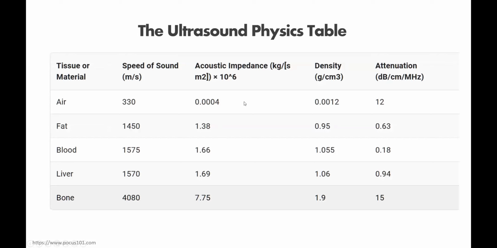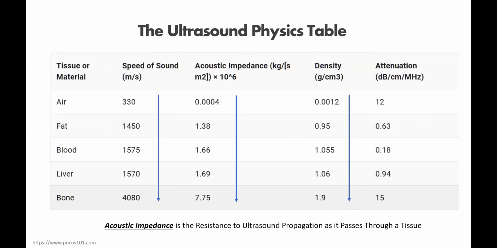There is also increased acoustic impedance in tissues that have different densities, and they have different attenuation as well. So the denser the tissue, the faster the speed of sound, and the higher the acoustic impedance. So what is acoustic impedance?